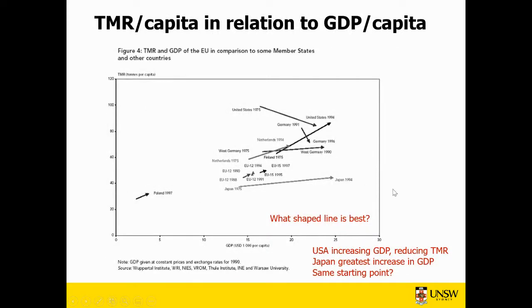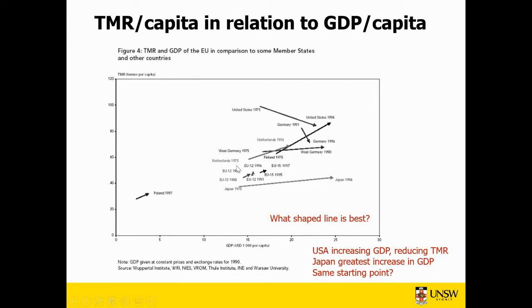And this is to show how countries changed, most of them from 1975, but some from different years, in terms of GDP and total material requirement. So ideally, a decoupled activity would be something like this, where the GDP increased but the total material requirement decreased.